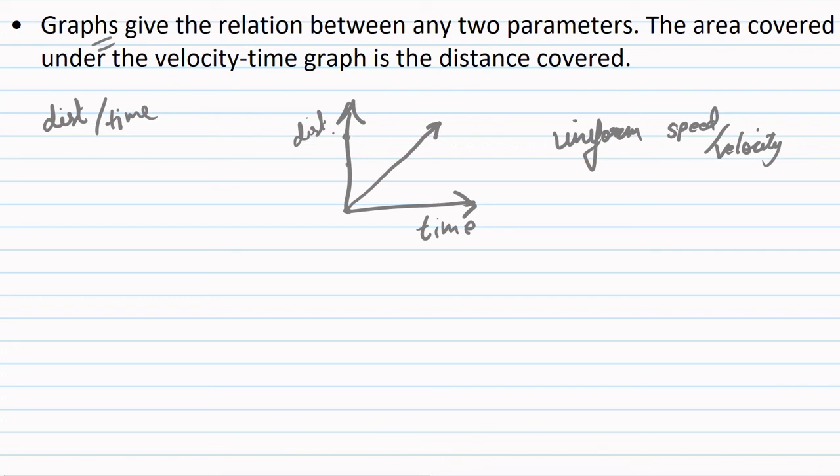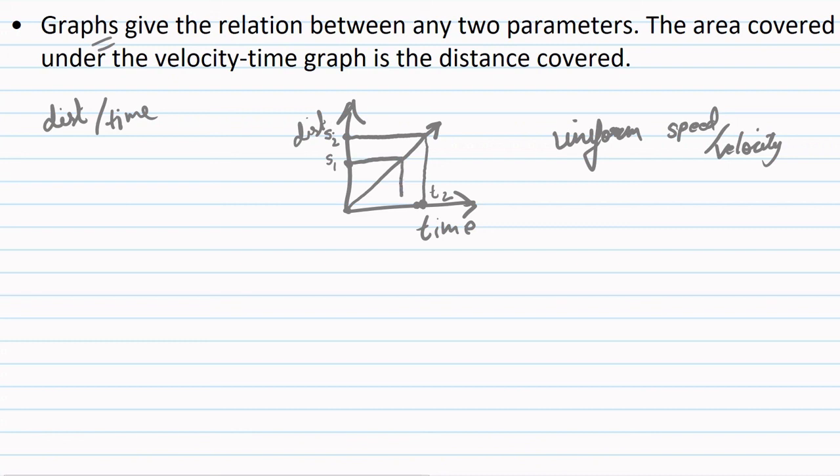From this graph, we can also get to know the velocity of the object. That is very easy. All you got to do is consider 2 points on the distance axis and the time axis. First you should consider it on the distance, any one. So consider this as S2 and S1. You have to draw a line perpendicular to the y-axis which meets the line of the motion, and then you have to just drop a perpendicular to the x-axis, and wherever it meets, you consider it as T2.